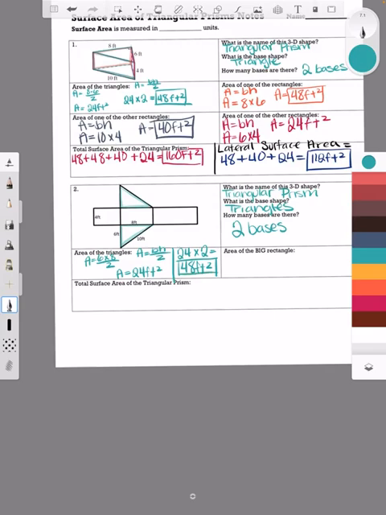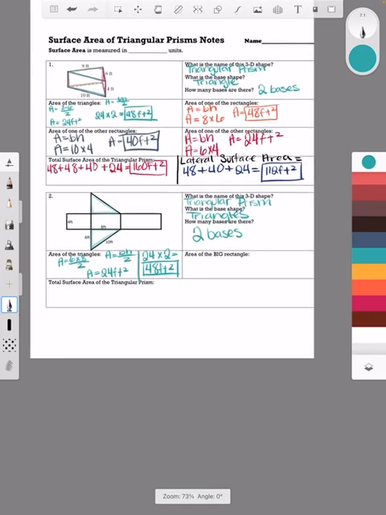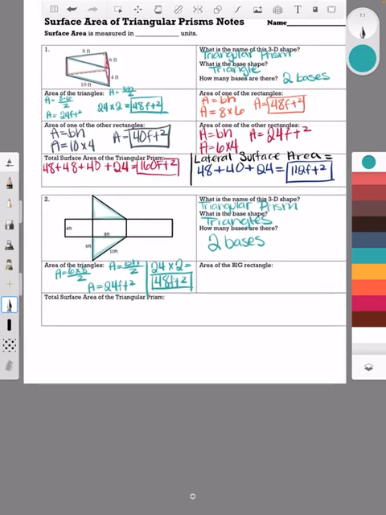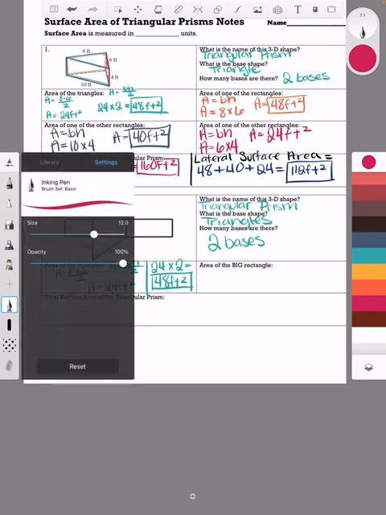All right, looking at the next one, what's the area of the big rectangle? So they want to know what the area of the big rectangle is here. So I'm going to highlight this large rectangle.